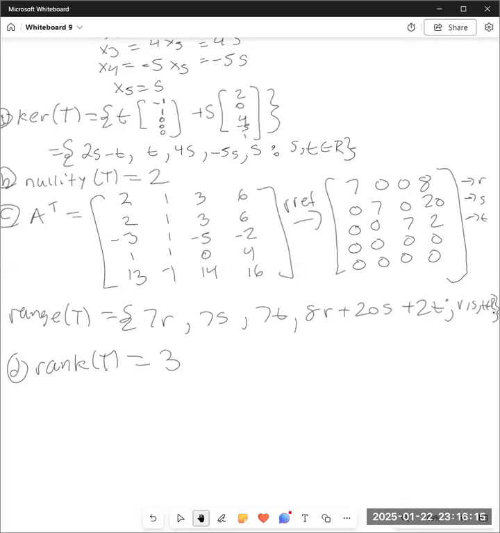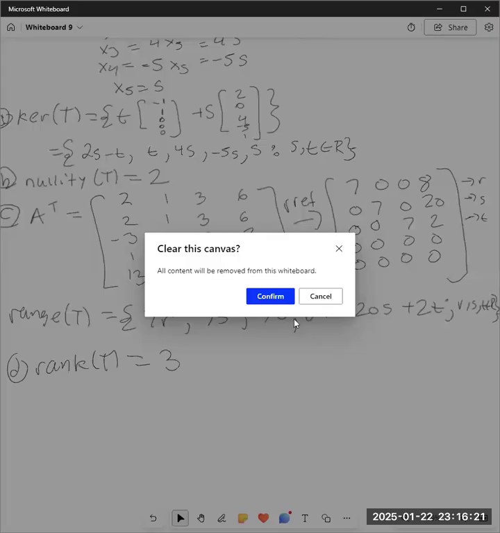Let's look at number 35. Number 35 says finding the nullity and describing the kernel and range.